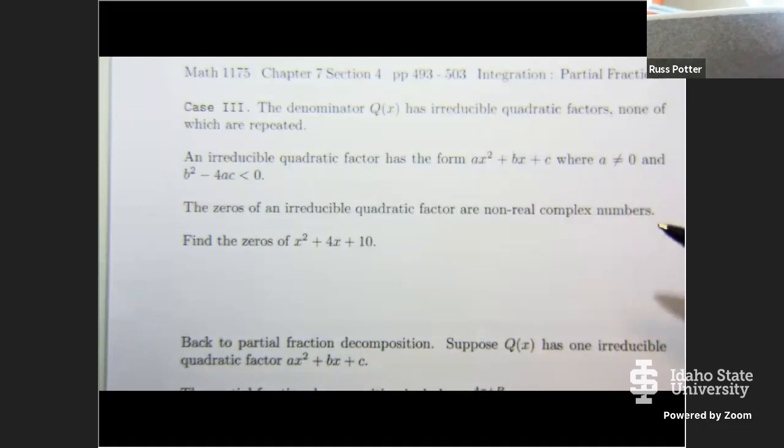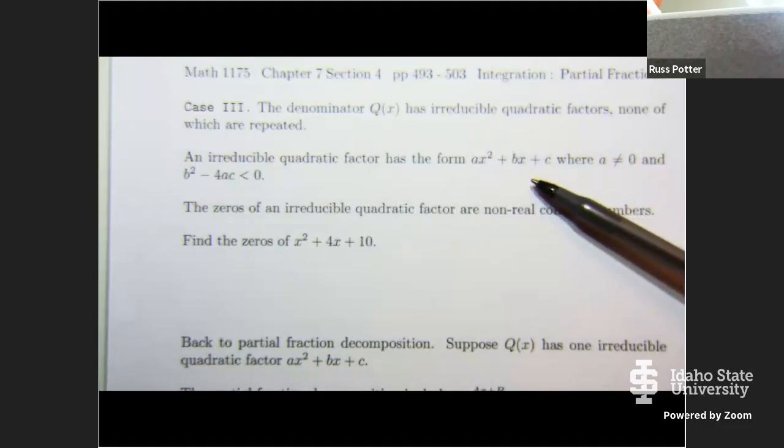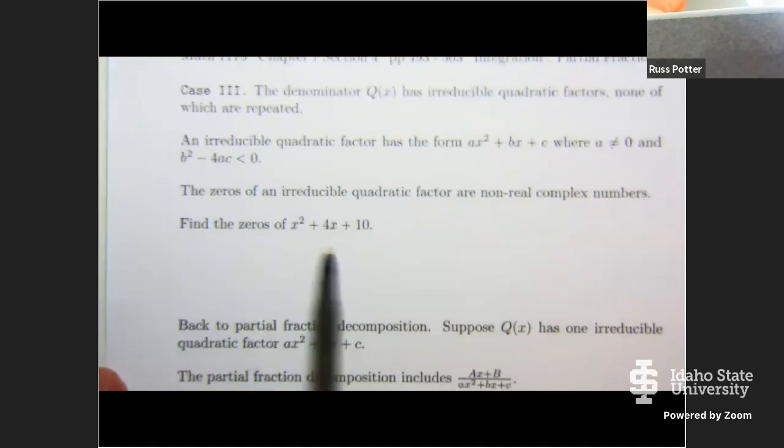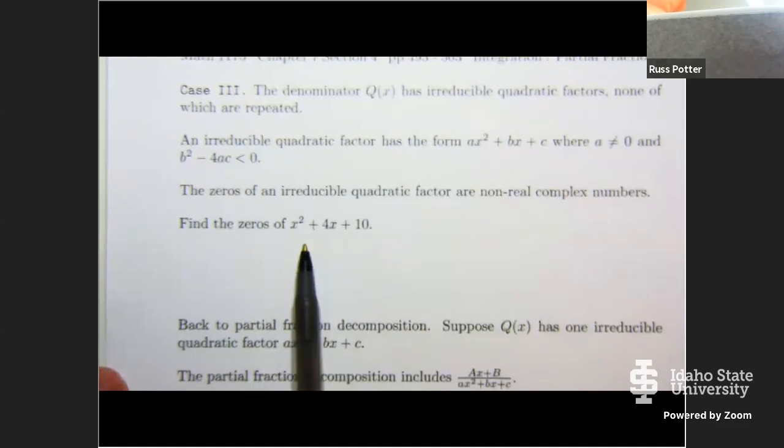So that just means that if it's an irreducible quadratic factor, it cannot be factored over the real numbers. Here's an example. Let's find the zeros of this irreducible quadratic factor, x squared plus 4x plus 10.